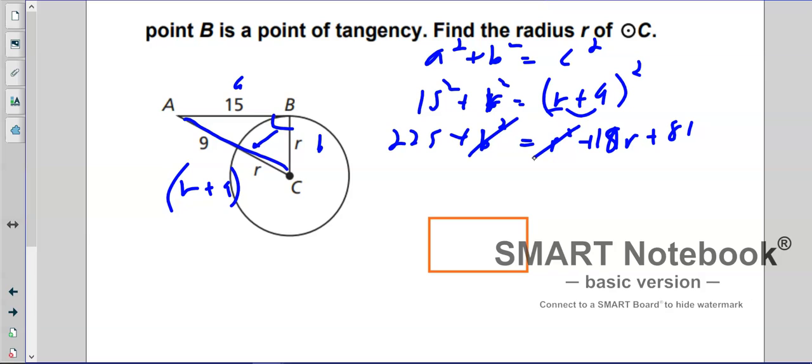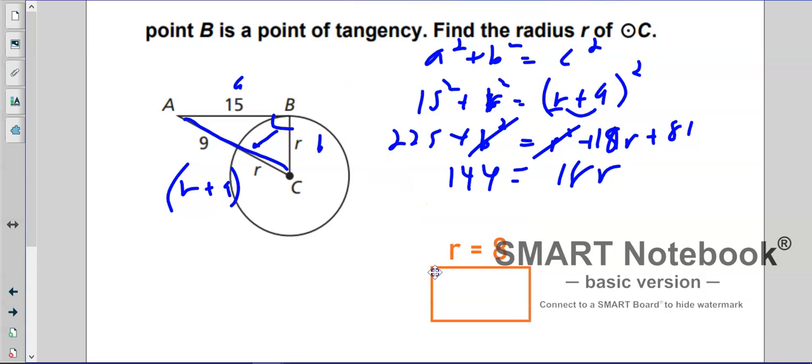All right. If I subtract 81 from 225, I get 144. And then if I divide by 18, I get 8.